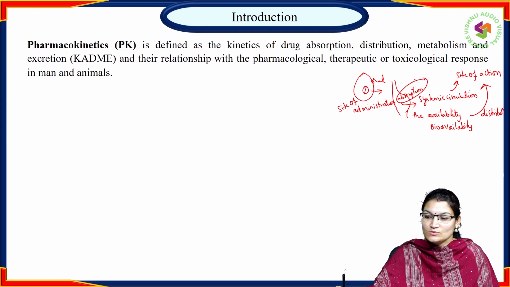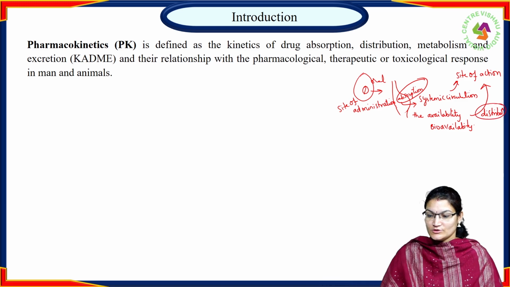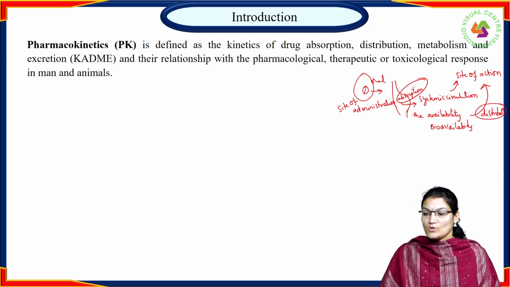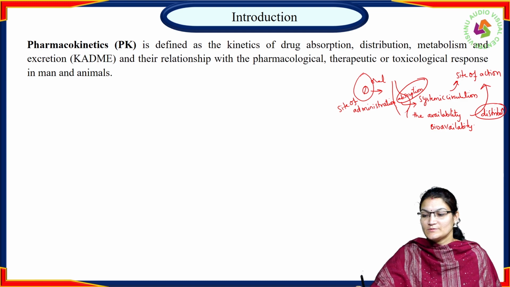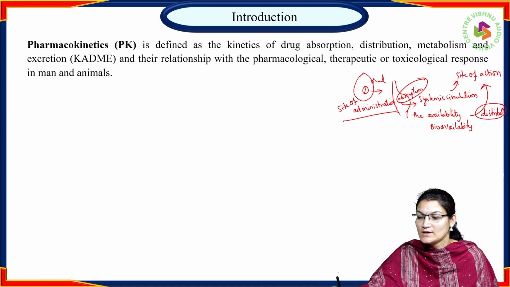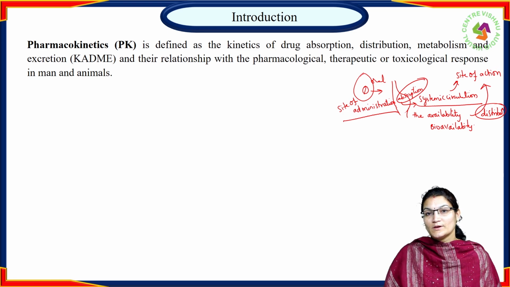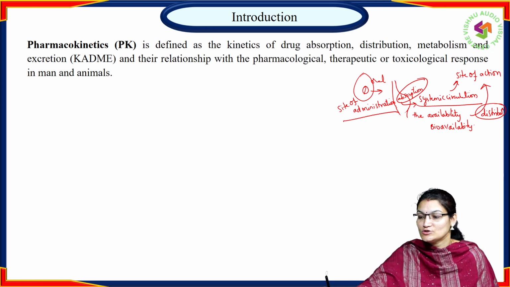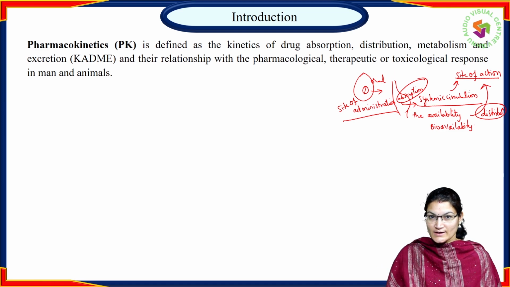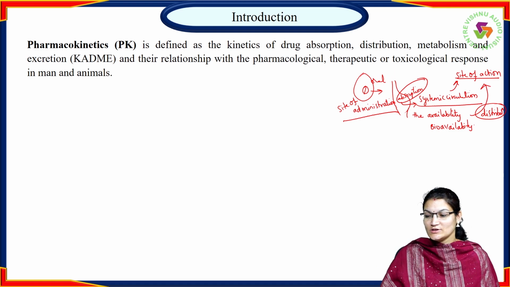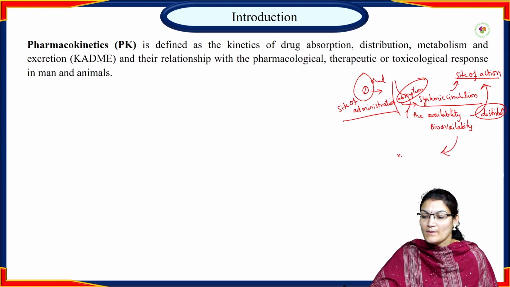So, we have discussed what is absorption and what is distribution. So what is absorption? Movement of drug from site of administration to systemic circulation is called as absorption. So, the movement of drug from systemic circulation to site of action is called as distribution. Once the drug is distributed into the site of action, then it has to go for metabolism.